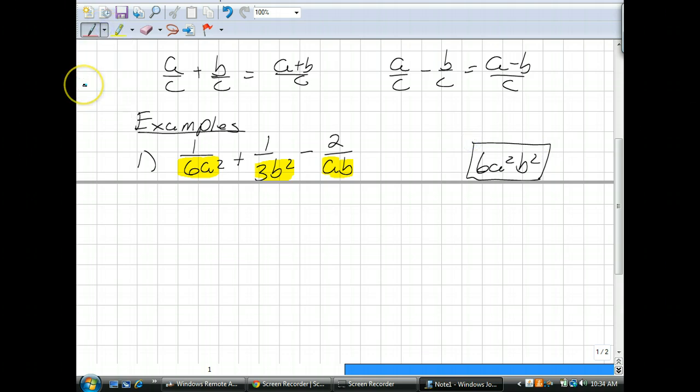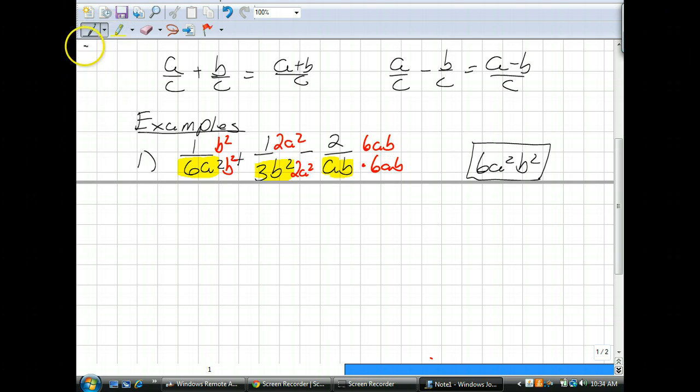So I would have to multiply the first rational expression by b squared over b squared. I would have to multiply the second rational expression top and bottom by 2a squared. And the third rational expression, I would have to multiply top and bottom by 6ab.